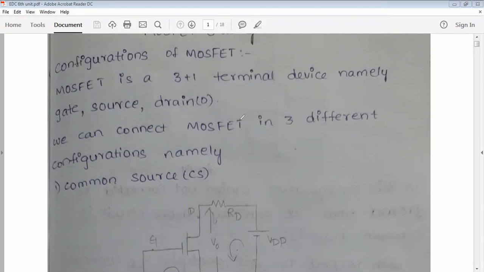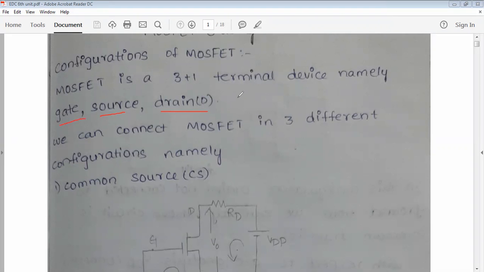In this class, we are going to discuss MOSFET configurations and one problem related to the MOSFET bias. We already know that a MOSFET is a four-terminal device. The four terminals are gate, source, drain, and the fourth terminal is the substrate or bulk.